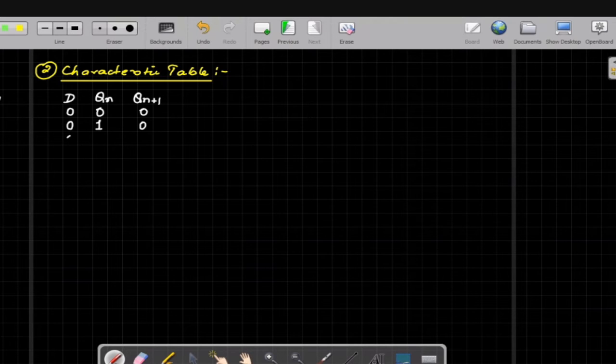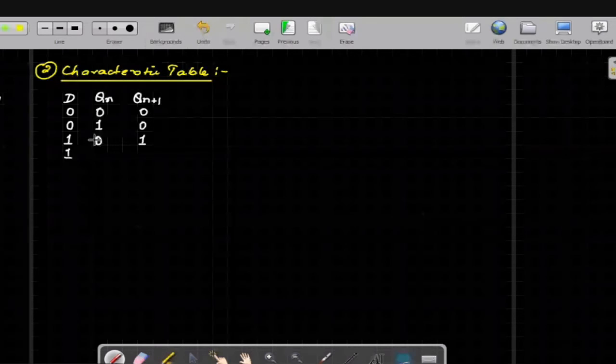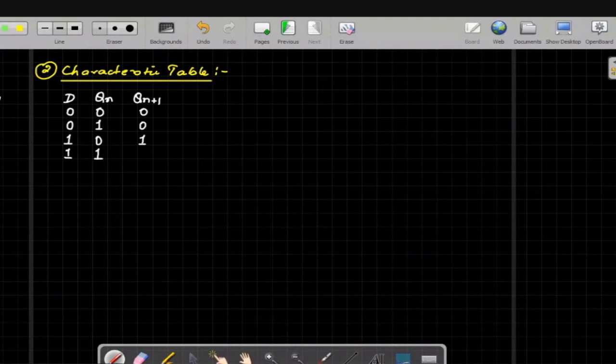0. Similarly, if D is equal to 1 and the previous state is 0, then what is the output? 1. Yes, that is 1. And similarly, if D is equal to 1 and the previous state is 1, then again the present state is 1. So this is the characteristic table. It means the characteristic table summarizes the present state based on the input and the previous output.